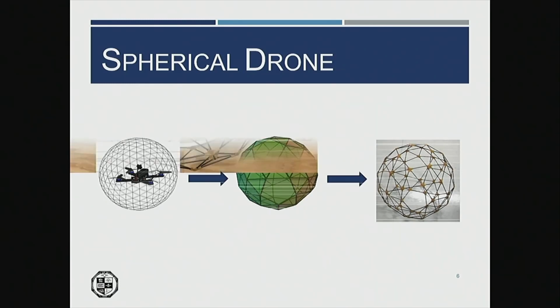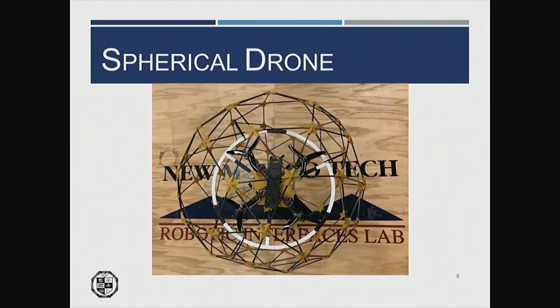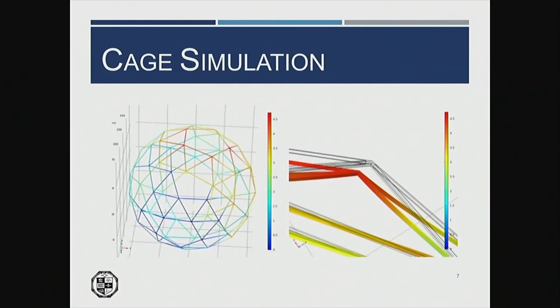After designing the cage, we installed our drone inside and connected our drone to the cage. For the cage, we did some steps to finalize it. We did finite element analysis on the cage to see how it survives displacement or colliding with the walls. The analysis shows that with 5 millimeters of displacement, our cage is going to survive.